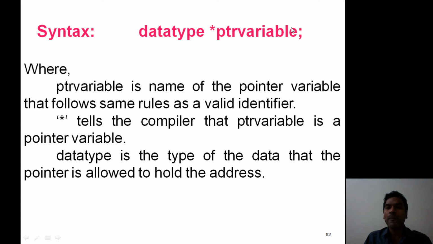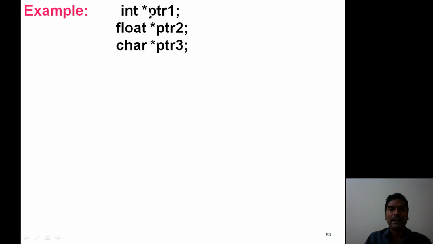Since every pointer variable is capable of holding some address, while storing an address it is necessary to indicate what type of variable addresses are possible, that is pointed to by the pointer variable. It is shown by its data type. Now observe these examples: int *ptr1, float *ptr2, char *ptr3.